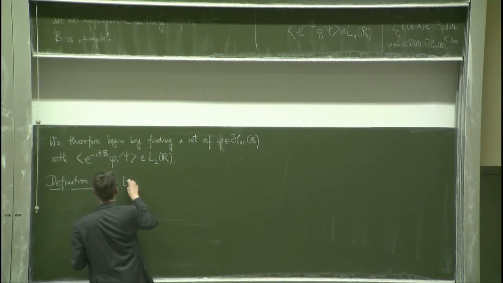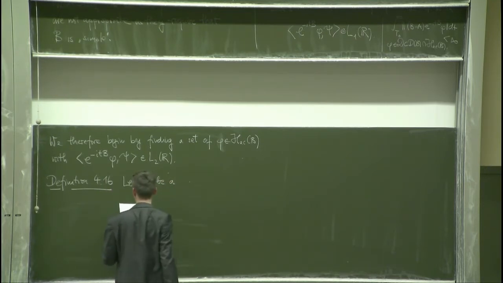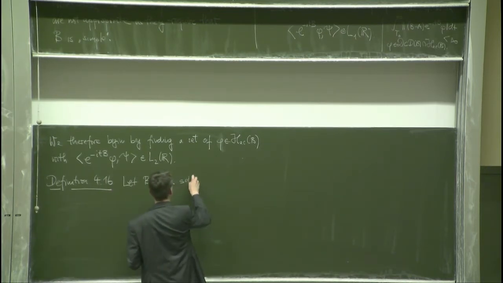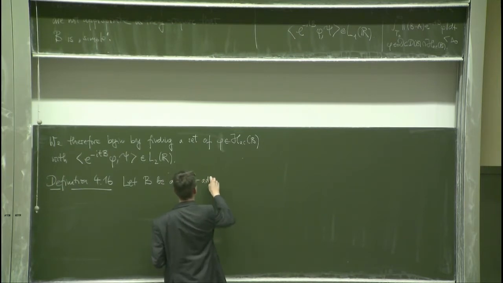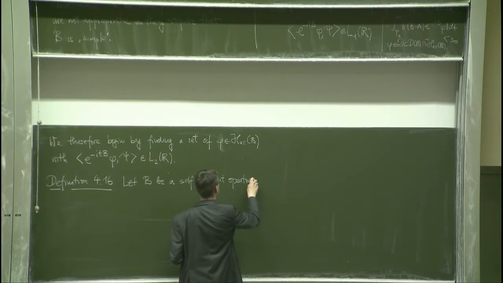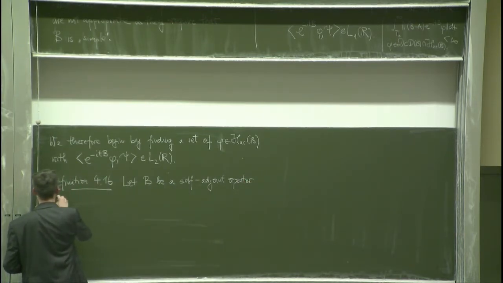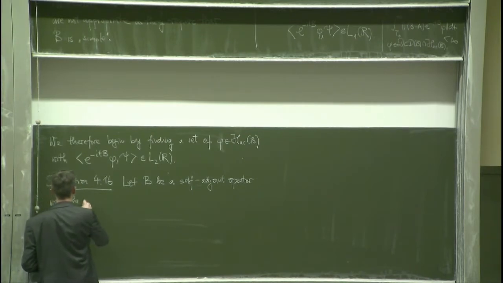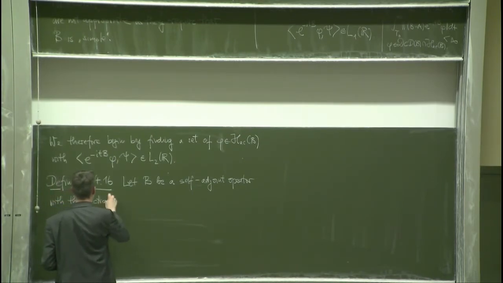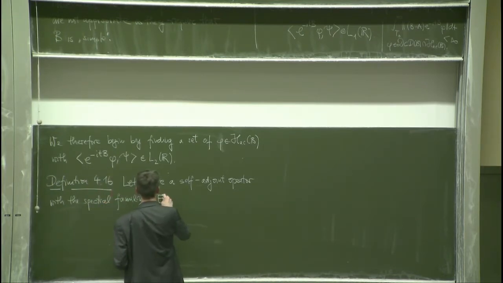Let B be a self-adjoint operator with a spectral family E of lambda for lambda in R.